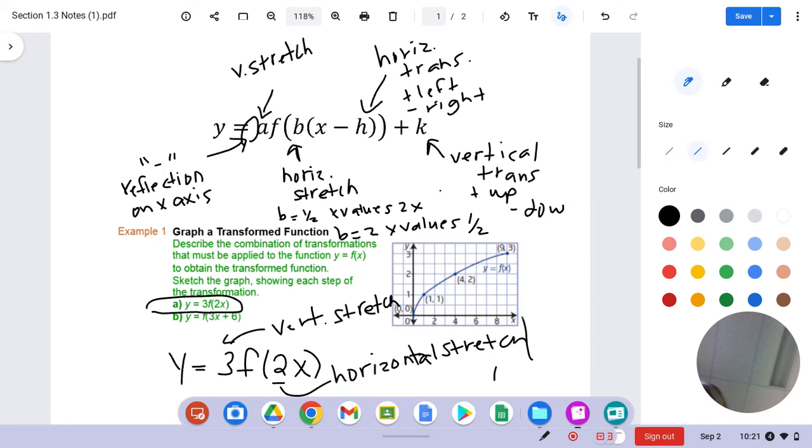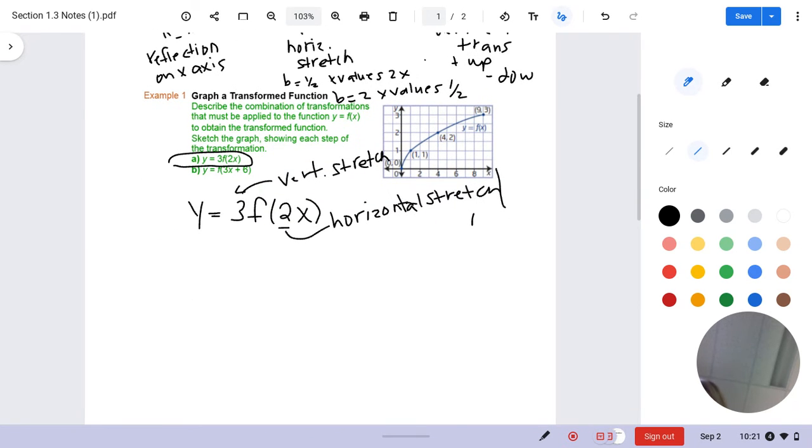Okay, so let's write our points out. Our table of values we're just going to get from the points on the graph. So the table of values is going to be 0, 0, 1, 1, 4, 2, and 9, 3.